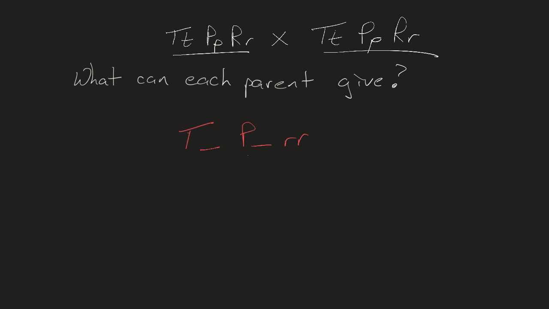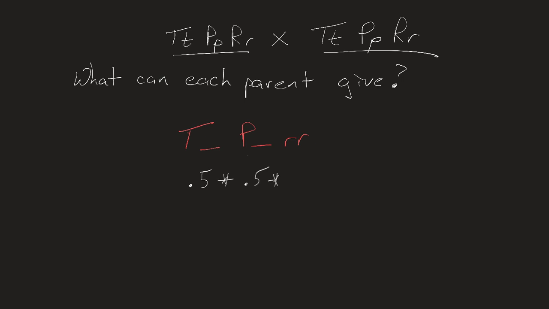So what it's asking is, what are the odds of getting a big T from one parent? Let's pick this one as the parent. It doesn't matter since they're both the same genotype. The odds are 50% to get a big T. But it wants to know the odds of getting big T and a big P and 2 little r's, ignoring the first two. Well, that would be 0.5 times 0.5, because I'm ignoring the other parent.